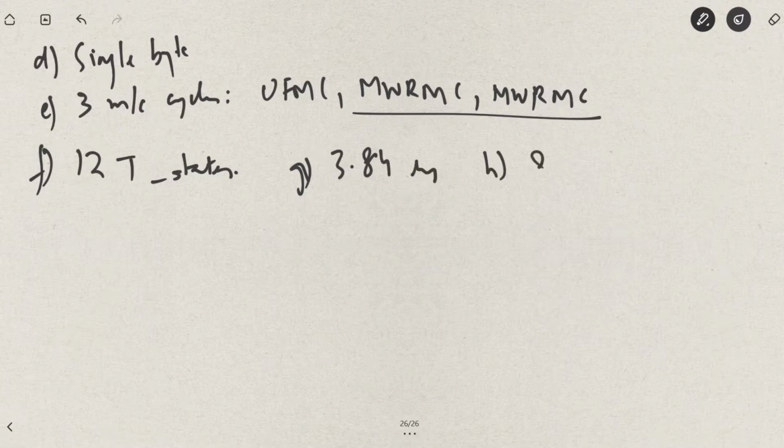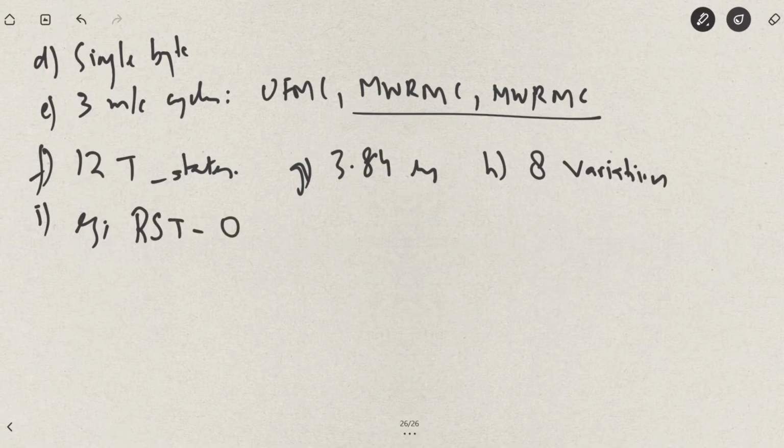You have 8 variations, and what are these variations? Examples of these variations are RST0, we have written RSTN. So RST0 is the first one. This basically means address 0000H, a hexadecimal number.